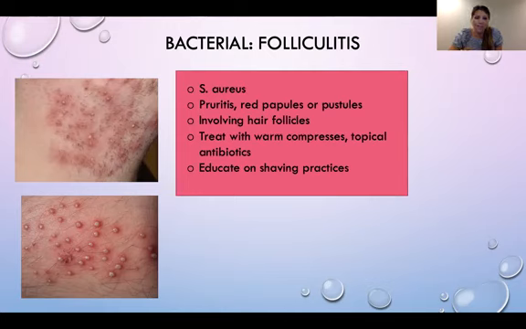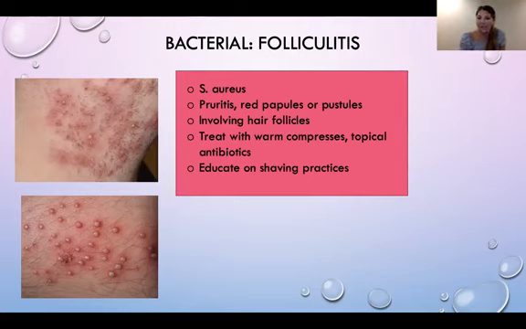You can see in the top picture, this person looks like they shaved pretty recently. And that can be a trigger for folliculitis because you get those ingrown hairs as they're trying to grow back in and they get stuck, and that's what's going to cause it. So treatment for this, warm compresses, that's going to help open some of these areas up, and then also topical antibiotics.